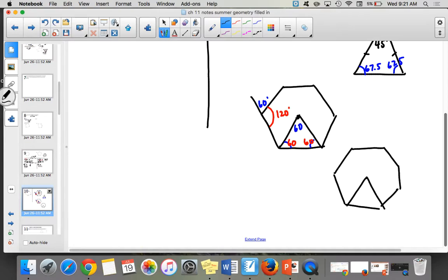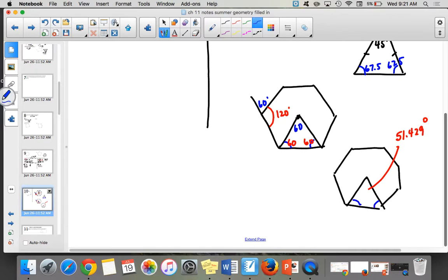We would do 360 divided by 7, right? So in here, it's the lovely 51.428 something, so 51.429, we'll say. So if I did 180 minus that number, I get 128 something.